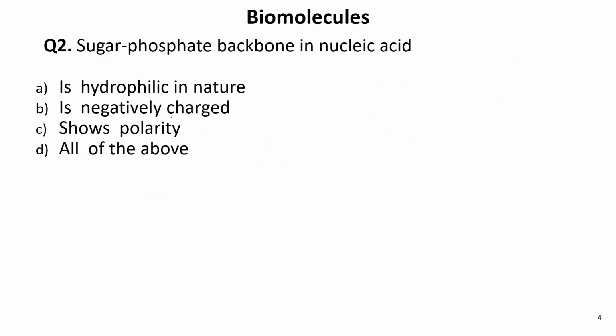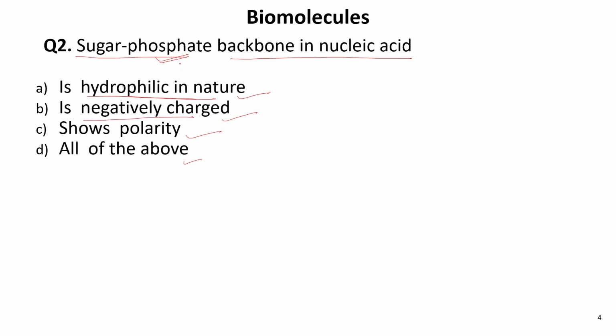Next question. Sugar phosphate backbone in nucleic acids. How is the sugar phosphate backbone formed? Sugar phosphate backbone in nucleic acid is hydrophilic in nature, it is negatively charged, or shows polarity, or all of the above. The phosphate group is hydrophilic in nature, so the sugar phosphate backbone is hydrophilic.